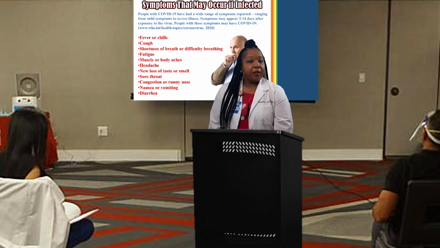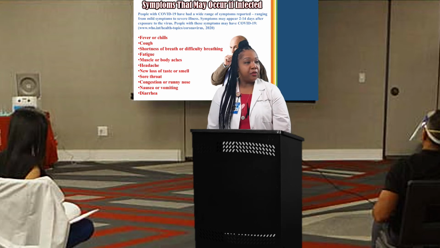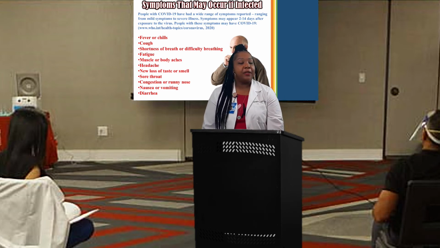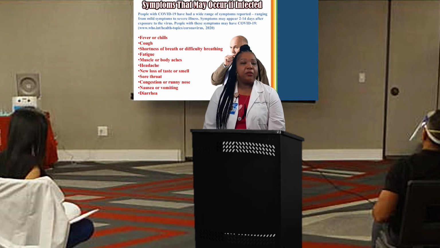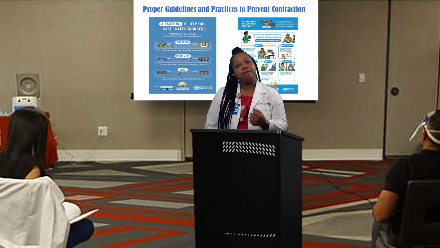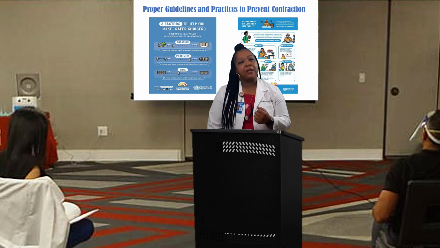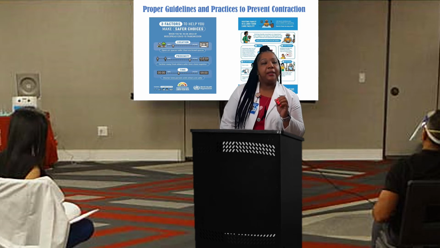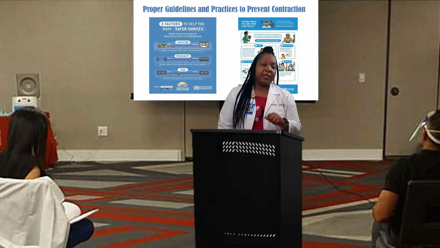Three factors to help make safer choices, still on the proper guidelines and practices to prevent contraction. Three key factors to help make things safer: location, proximity, and time. As far as location goes, it's said that being outside is much safer than being inside.